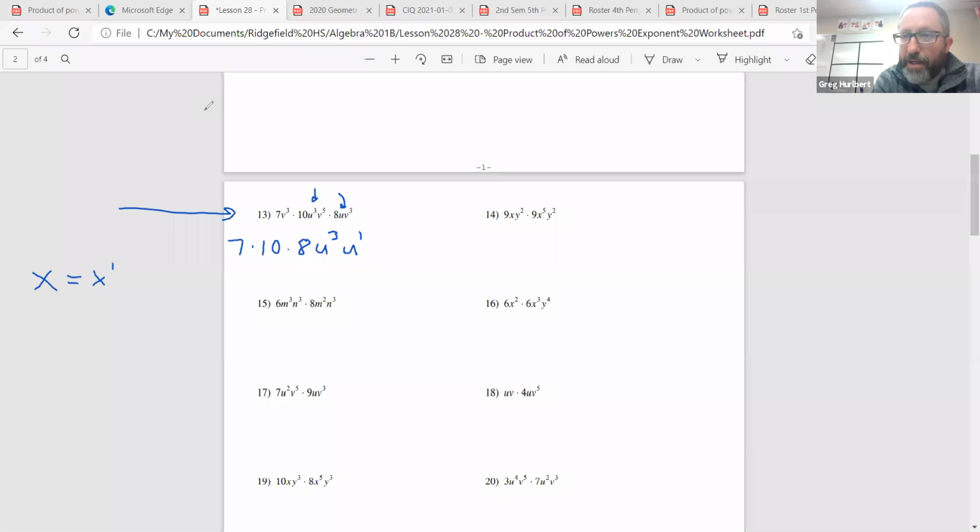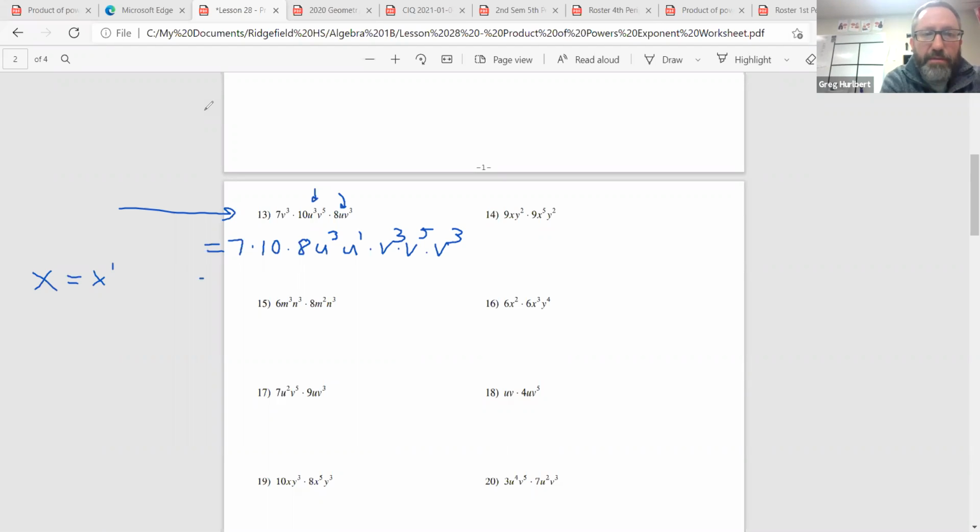Now, let's go through and collect all the v variables. So coming from left to right, the first one is v cubed. So that's the first one. Then I see a v to the 5th. That's the next one. And then on the end, I see a v to the 3rd. And that's the last of the v's. So now we're simplifying.